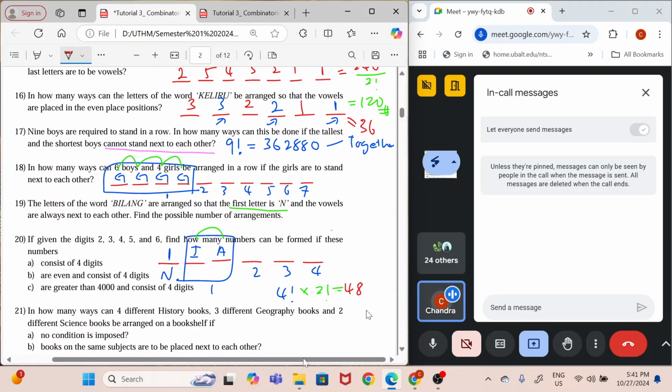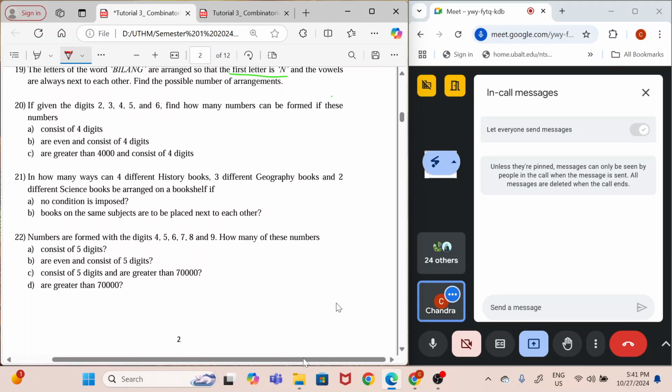Okay, 20. If given 5 digits here, find how many numbers can be formed if these numbers consist of 4 digits. 4 digits.